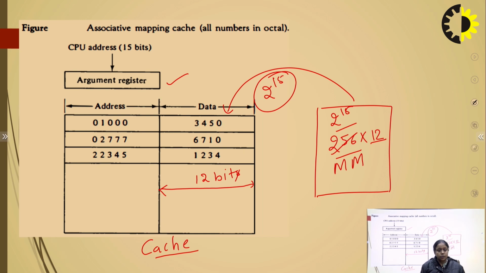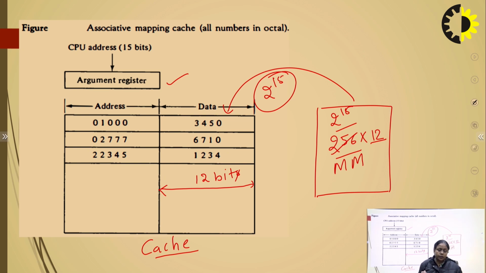Now we have to search this particular data in the cache memory, not the main memory. So we will find the data in the cache memory. In the argument register we have the 15-bit address, and we will check this address against each and every address stored in the cache memory, because in the cache memory we will have address as well as data.